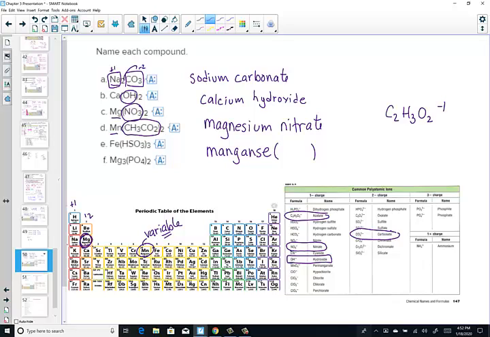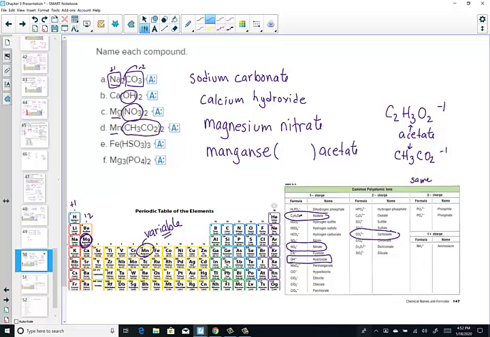C2H3O2 negative is one way that you see the polyatomic ion called acetate. If I wanted to tell you how they're bonded together, I could show you CH3CO2, each with the -1. Just realize that those are the same formulas, they're just written in a different order. There are 2 carbons, 3 hydrogens, and 2 oxygens in the polyatomic ion called acetate.